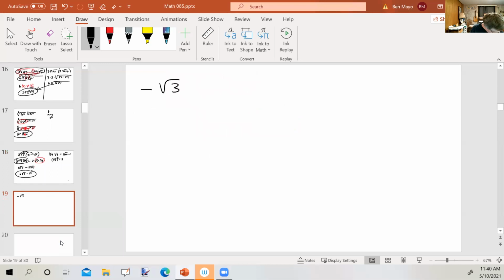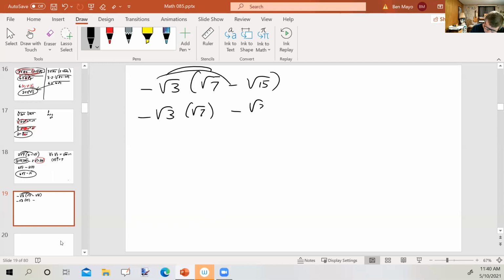Negative the square root of 3 times the quantity, the square root of 7, minus the square root of 15. So we get negative the square root of 3 times the square root of 7, minus the square root of 3 times negative the square root of 15.